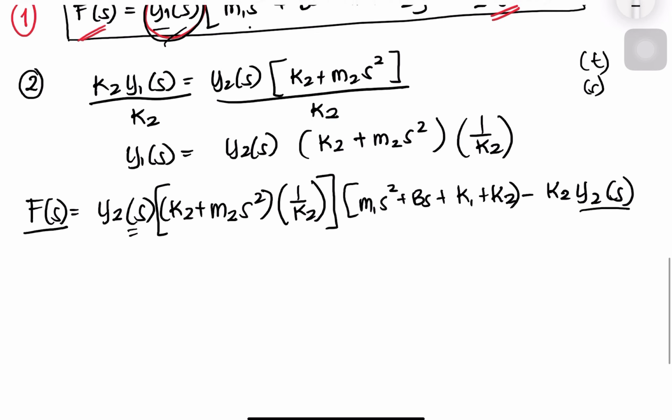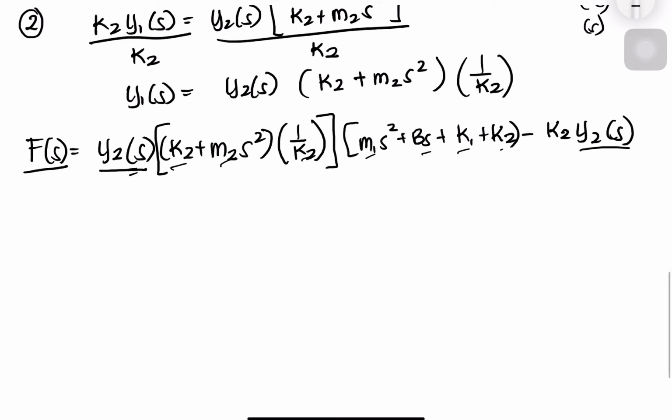y2 of s and fs. Okay. Yung iba naman is k, m, k, m, b, k, k. So, ang sabi ko, hindi sila ini-eliminate because they are actually coefficients. So, what we'll do is f of s is equal to y2 of s times one over k2.